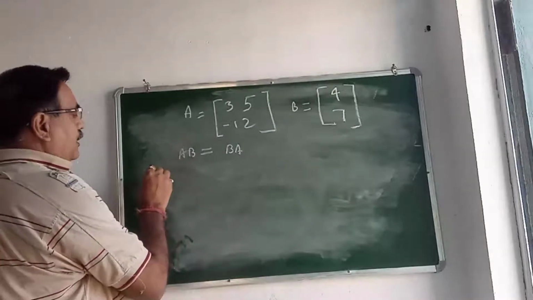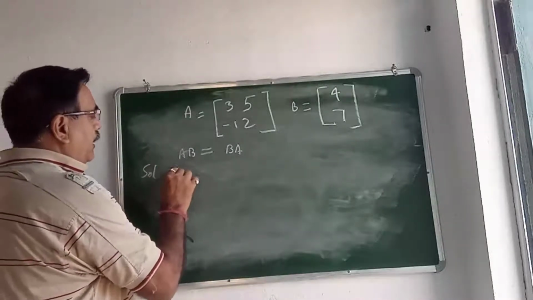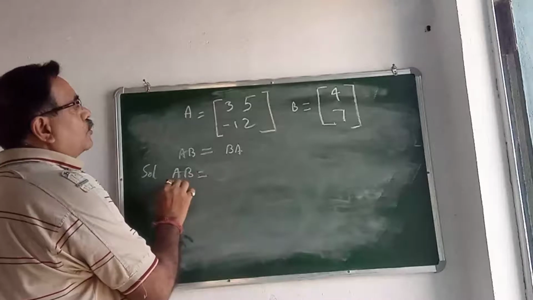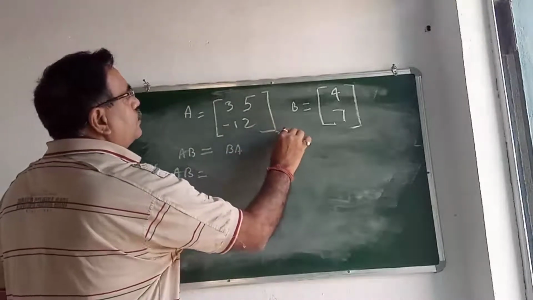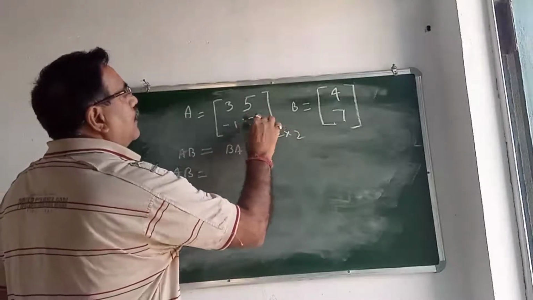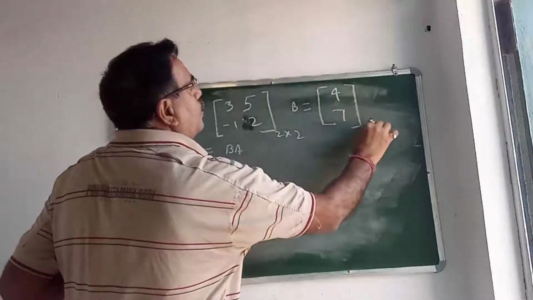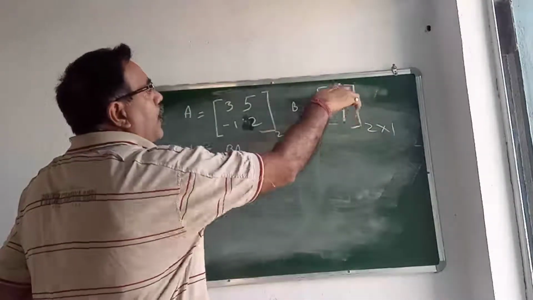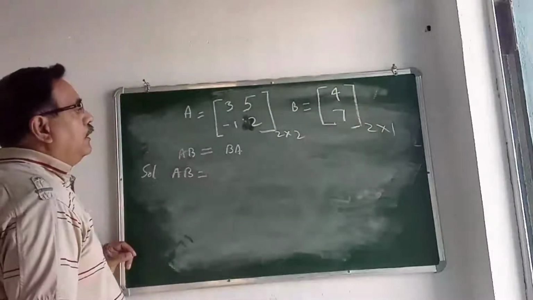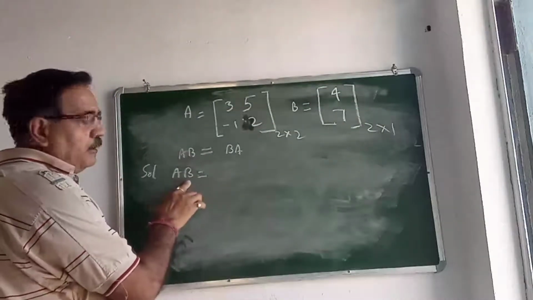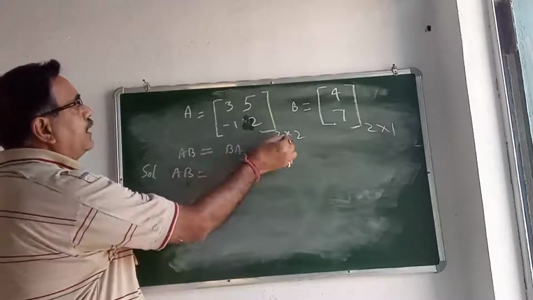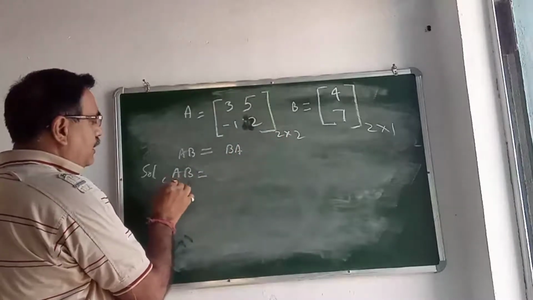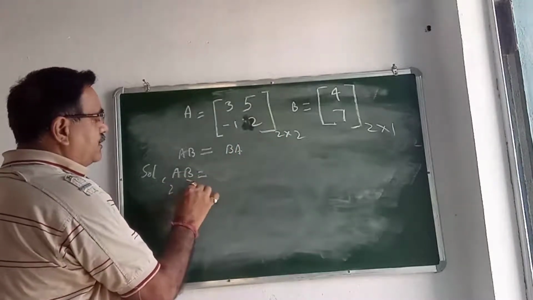So AB first. A is of order 2 by 2, and B is 2 rows and one column, 2 by 1. Now for AB, the column of the first matrix is 2, and the row of the second matrix is also 2.